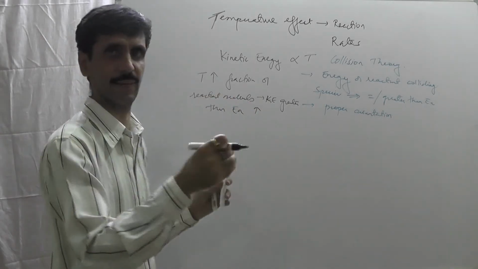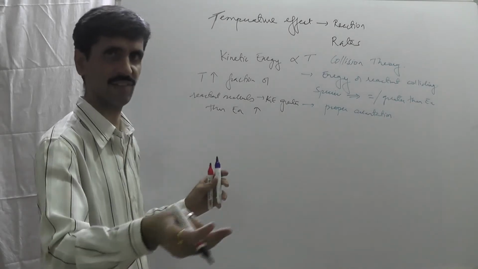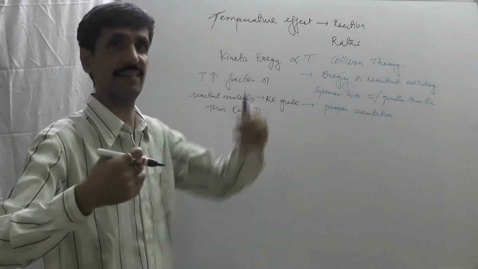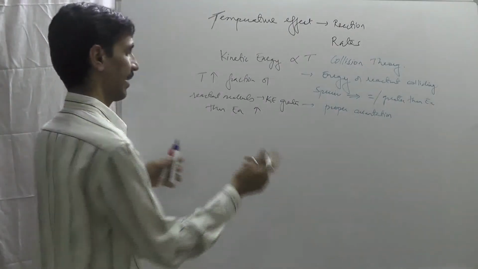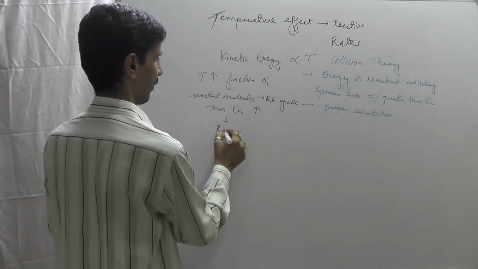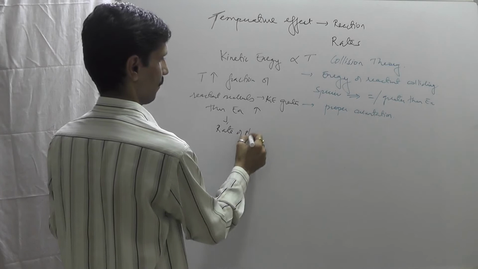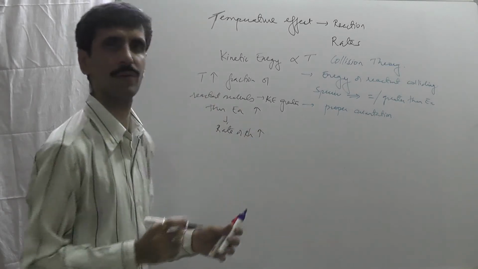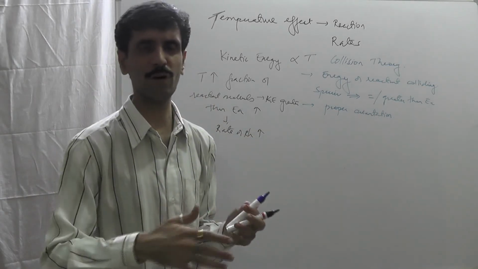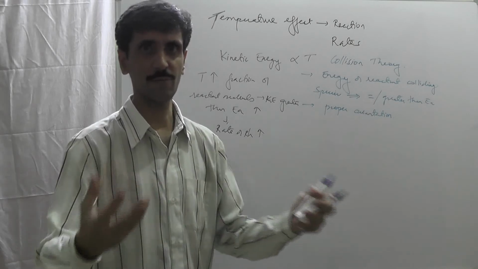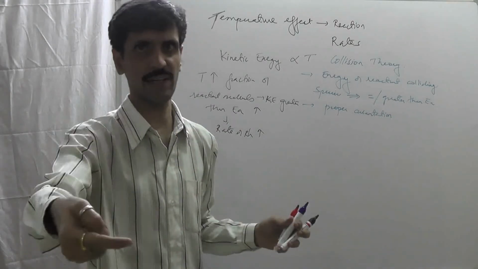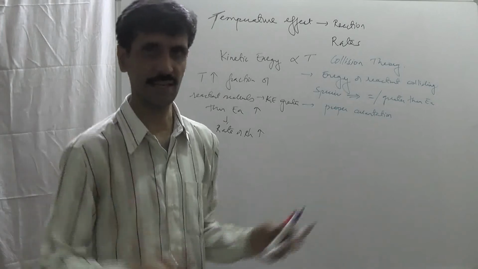Okay, as the temperature increases, the fraction of molecules whose kinetic energy is greater than the energy of activation increases, so obviously the rate of the reaction will also increase. Am I clear with this? So more and more molecules which are colliding will be entering into the reaction, and therefore the rate of the reaction increases.